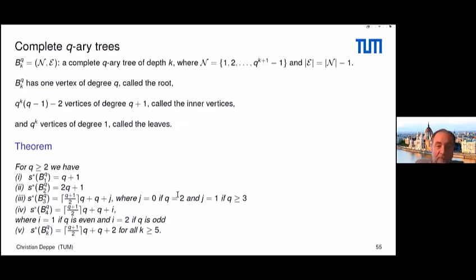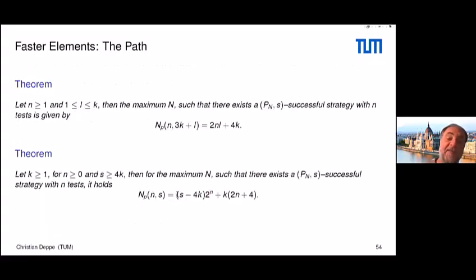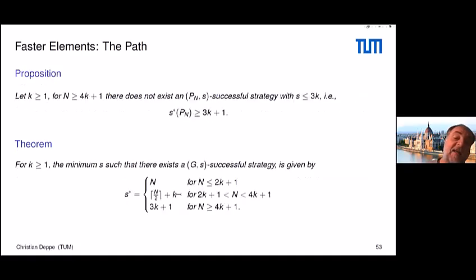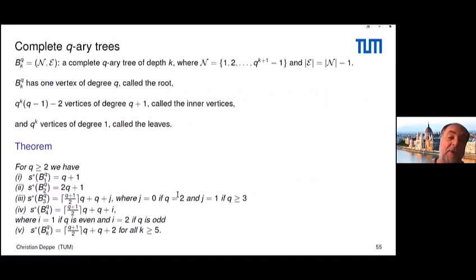The other thing we were doing is looking at trees. That's the old paper. This non-adaptive case was a paper with Alex, and the fast element was a paper with Alex, and now we are back to the paper with Nando, Haru, and Valotte. There we also looked at trees and at how we can find the elements in trees.